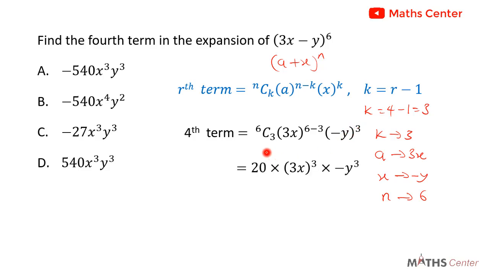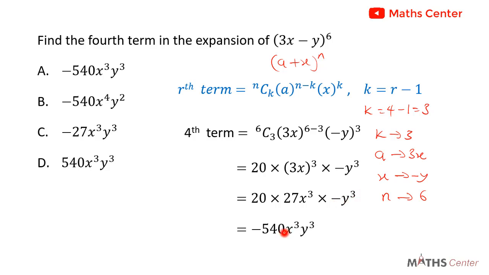Let's simplify this. This will give us 6 combination 3 is 20. 6 minus 3 will give us 3. So we are going to have 3x exponent 3 times negative y exponent 3. This will give us 20 times 27x cubed times negative y cubed.